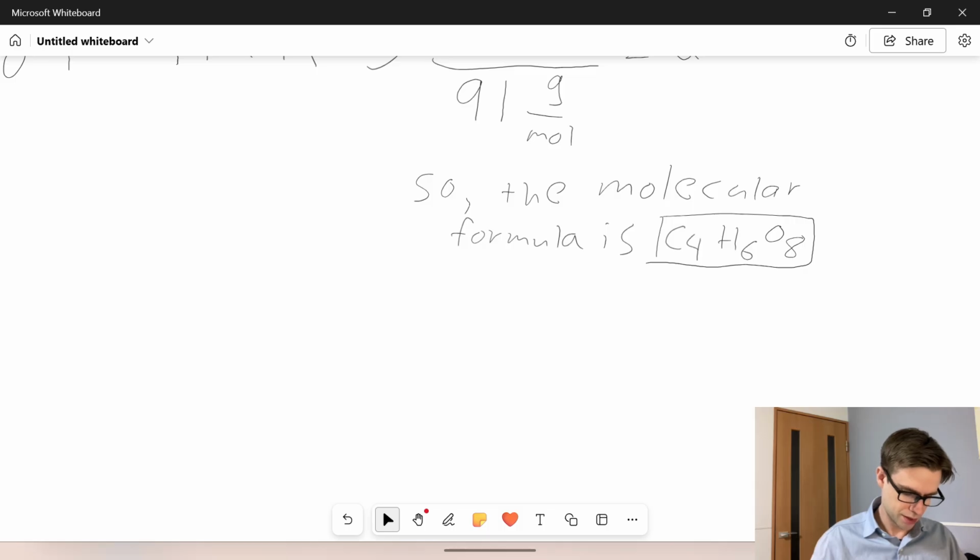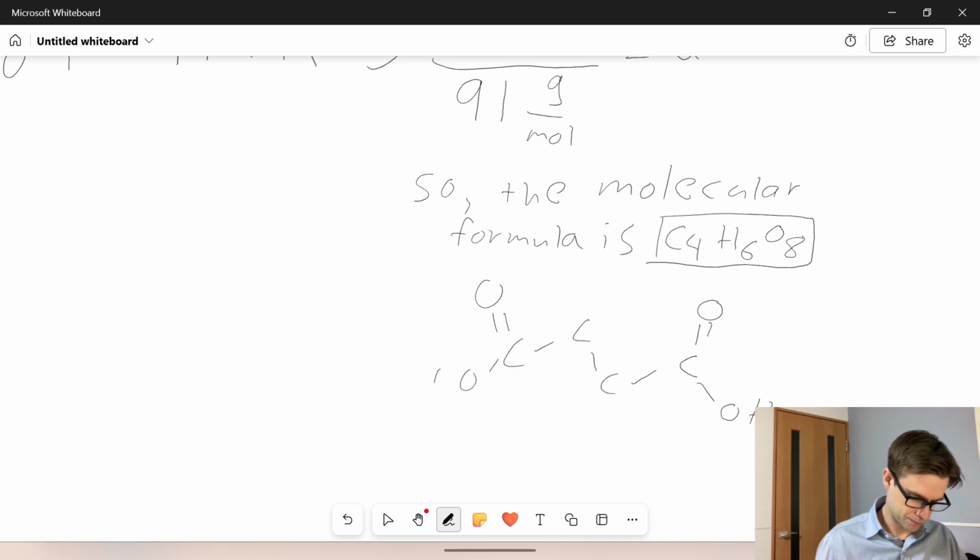So what I think it is: 4 carbons in a chain. The 2 on the end have carboxyl groups. And the 2 in the middle both have 2 hydroxyl groups. Like that.